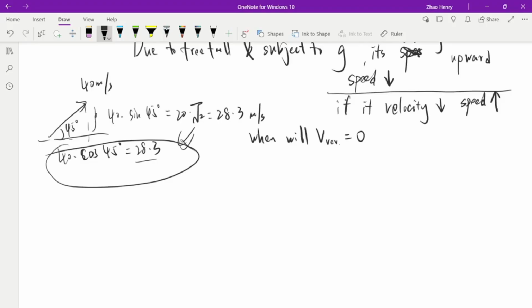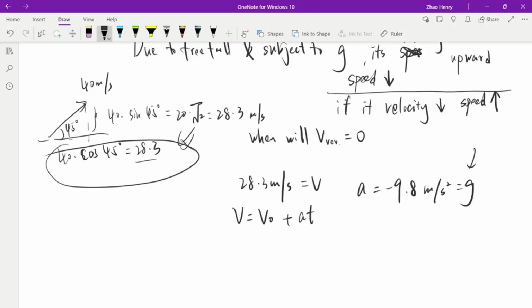Now we can see the importance of resolving vectors into components. The vertical component is 28.3 meters per second. Your acceleration is negative 9.8 meters per second squared, because it's just gravitational acceleration.